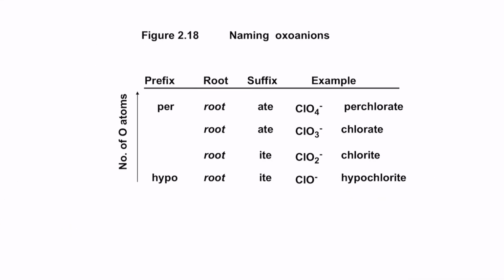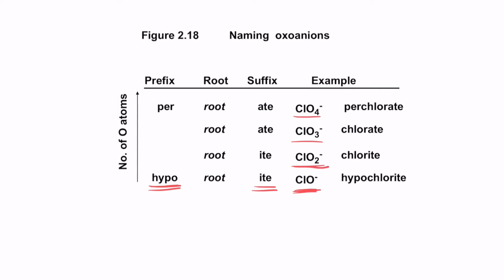One of the common ones that you'll end up seeing is oxygens attached to a particular element, having different names. For example, when you take ClO, this is called hypochlorite. The name itself says so, hypo representing less than usual.